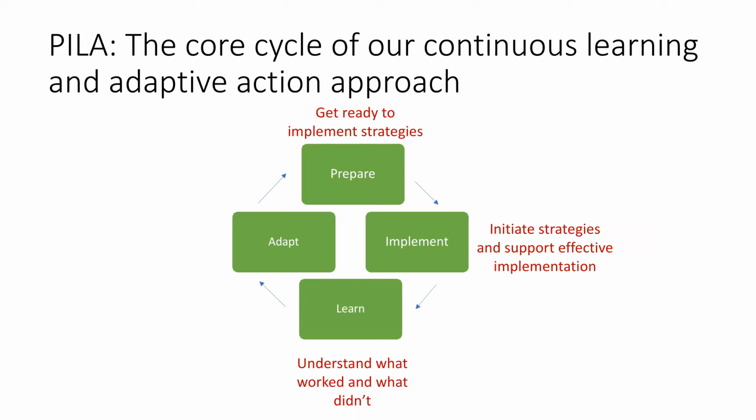Based on that learning, we can then move to the adapt phase, where we think more specifically about how we need to modify that strategy or expand it or scale it, depending on what cycle we're in, so that we can be the most effective we can possibly be.